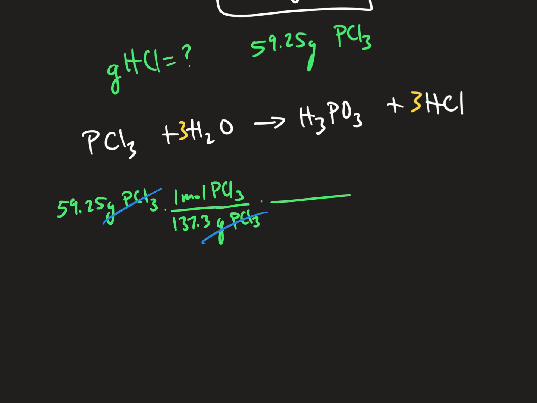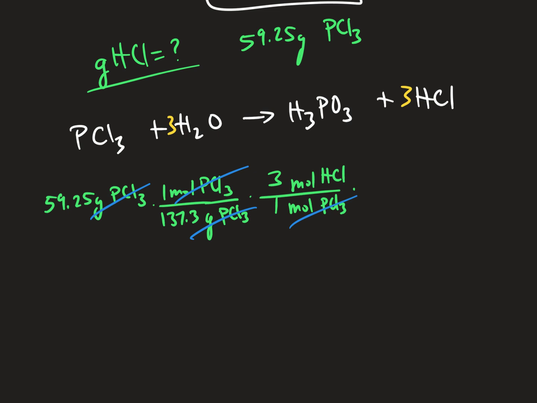And now we use the mole-to-mole ratio, going from moles of PCl3 to moles of what we're looking for, in this case HCl. And what's the ratio? 3 to 1. Good? Moles of PCl3 go away.